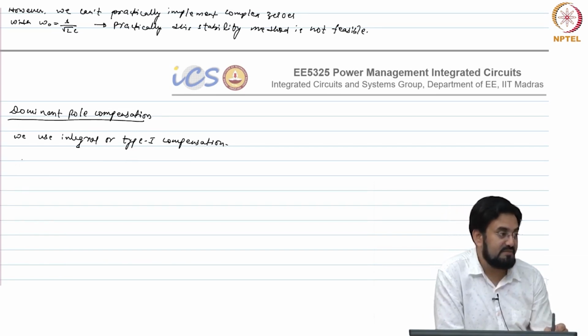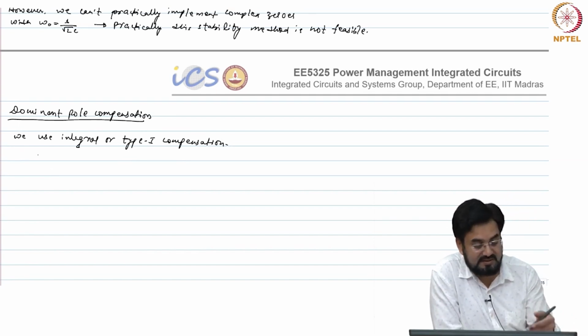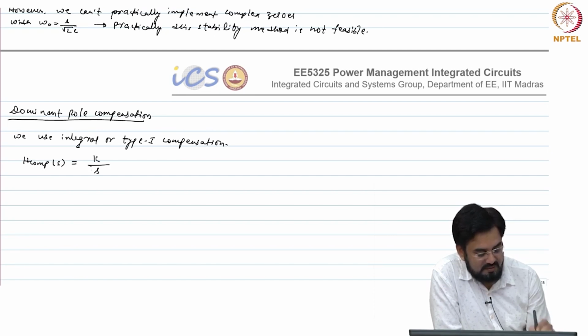When I say integral, it means make H comp nothing but an integrator, not HLC, sorry, the H comp. So H comp of S is equal to K over S.